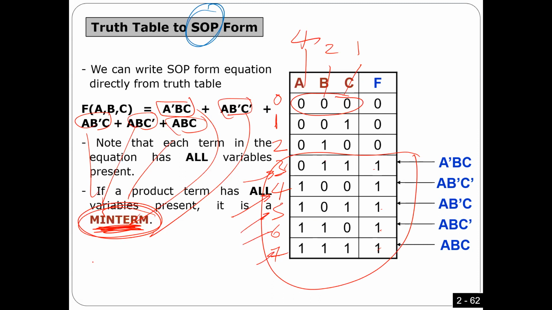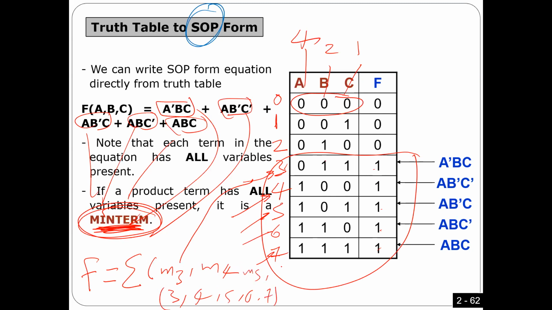So the way we do it, I can tell you F equals summation of M3, M4, or sometimes we just write 3, 4, 5, 6, 7, or M3, M4, M5, M6, M7. So this is another way to express the function.